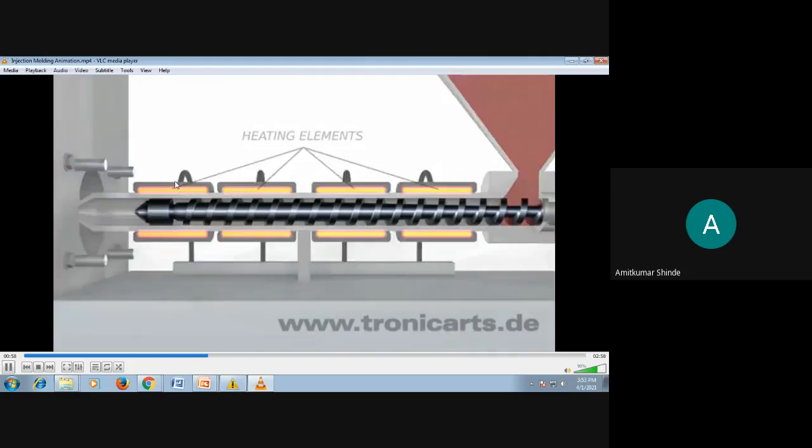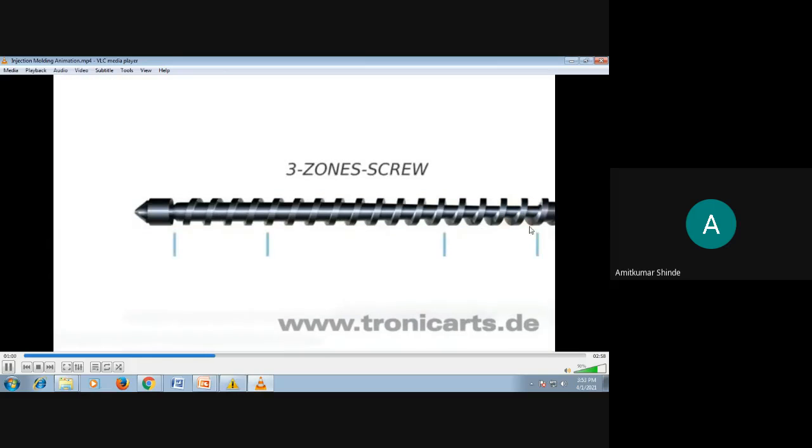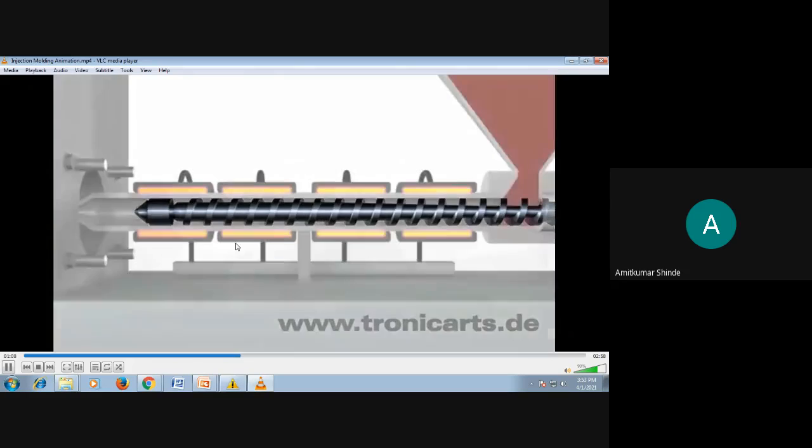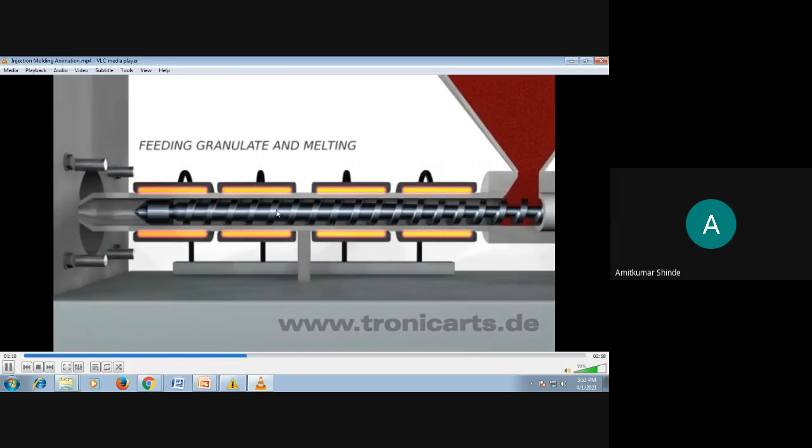This is the heating cylinder and heating elements. This is the screw. It is divided into three parts: feed zone, transition zone, and metering zone. Okay, these are granules or pellets.